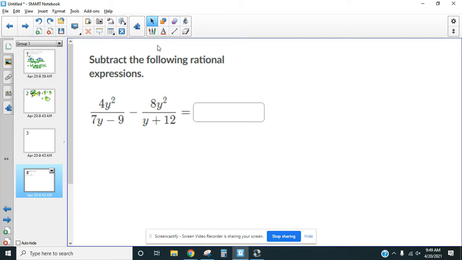Here's what I do, and I would advise you to do the same on all of these. Change this to a plus, and then do what? Yeah, just call that -8. So change it to a plus. Let's call that -8.